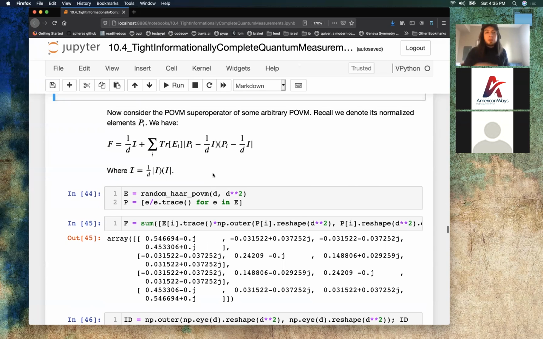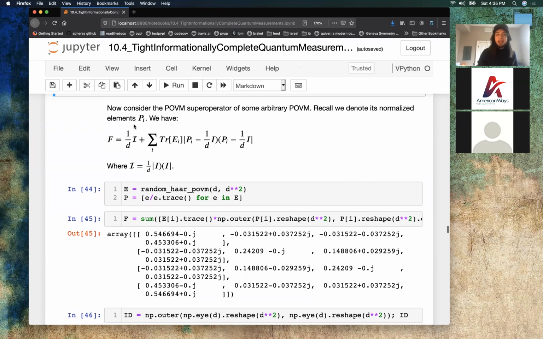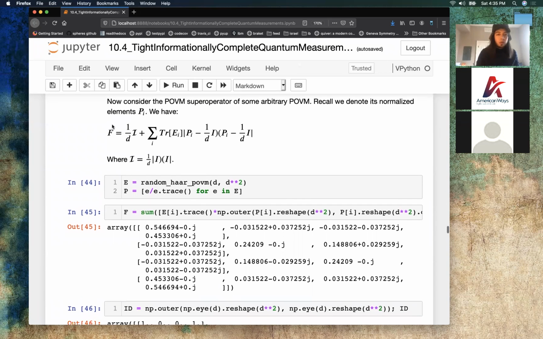So suppose we have some POVM superoperator. We're denoting its normalized elements P of i. Normally, F would just be the sum over the trace of E_i, that's the weight, times the outer product of P_i with itself. But we could rewrite it.